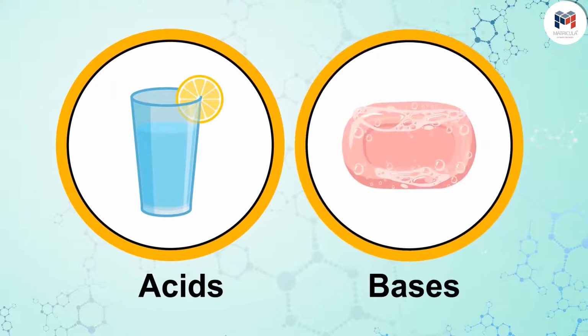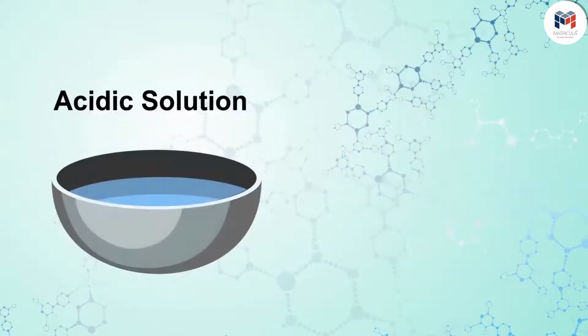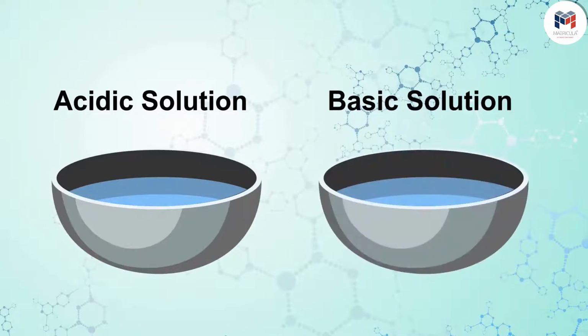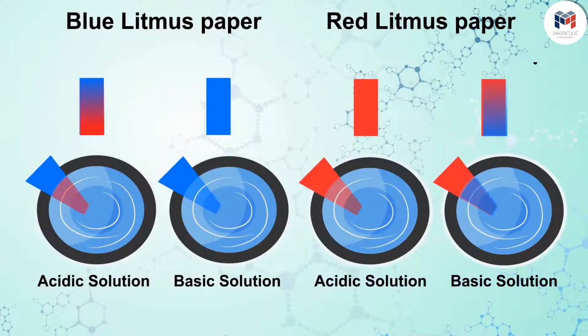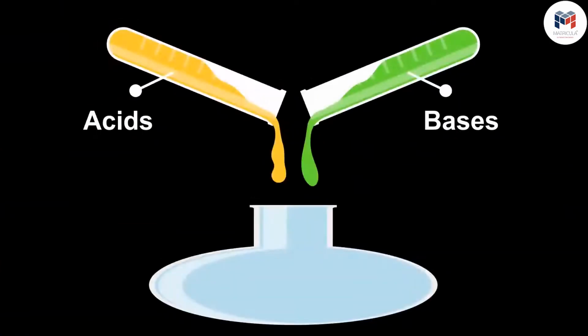Hello children! In the previous video, you had learned how to differentiate between acids and bases. As both acids and bases are generally colorless, indicators play an important role in differentiating the two. When acids and bases meet, what happens? Shall we go back to Raju?